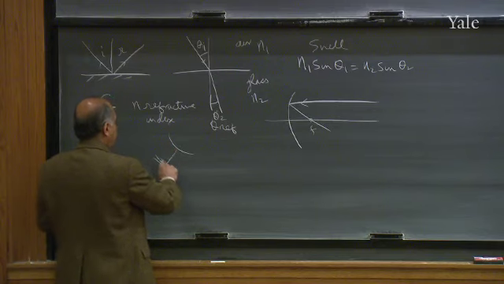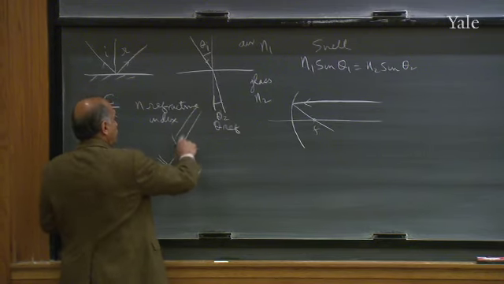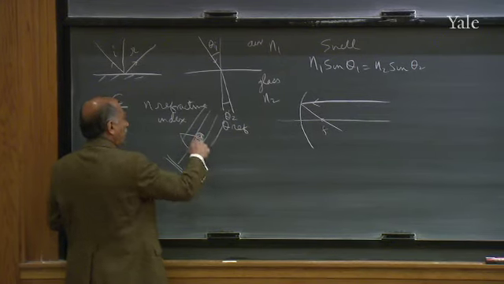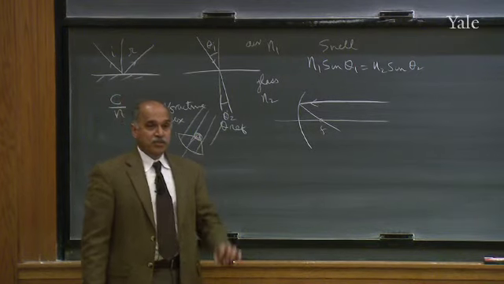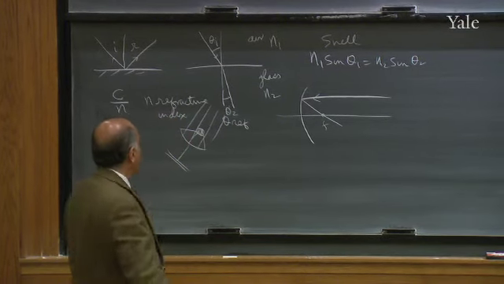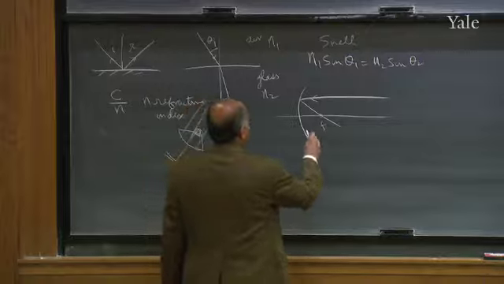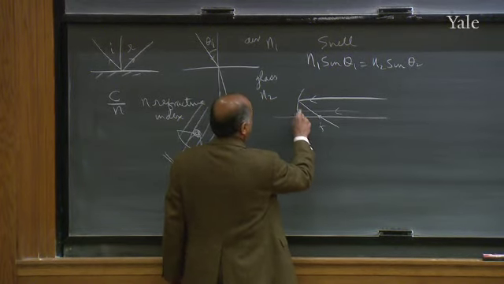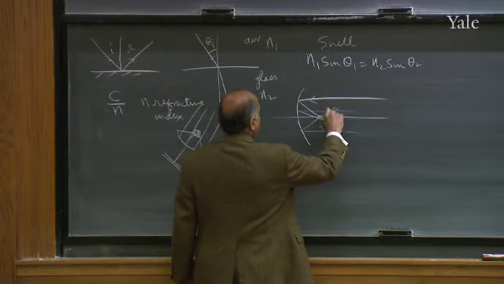Your own satellite dish is a dish in which the rays come and are all focused onto one point. That's where you put your probe that picks up the signal from the satellite. It's a property of these concave mirrors that they focus all the light at the focal point.